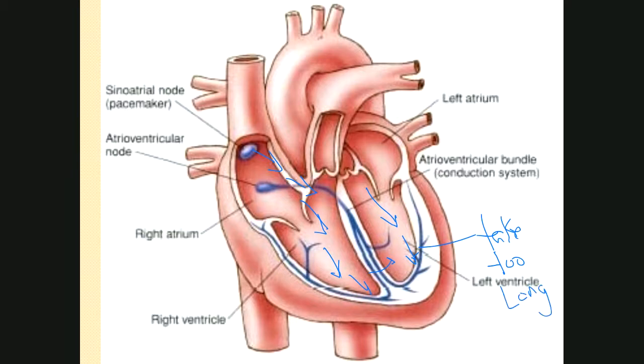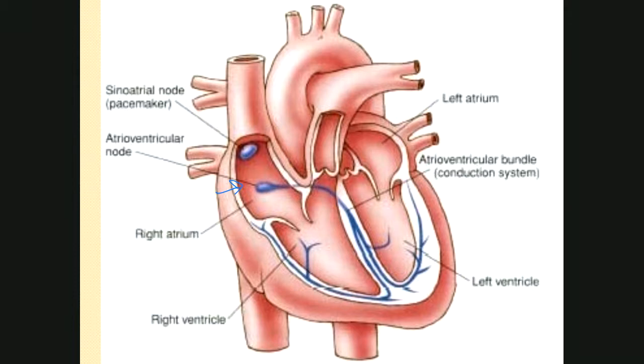And so what would happen is you would get contractions coming from all directions all the time. I don't know if you can see my picture, but this is what the heart would look like. In other words, every little bit of the heart would begin to beat all individually because it would just take too long.